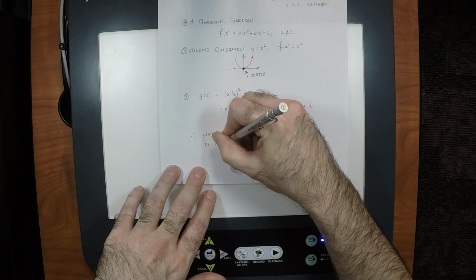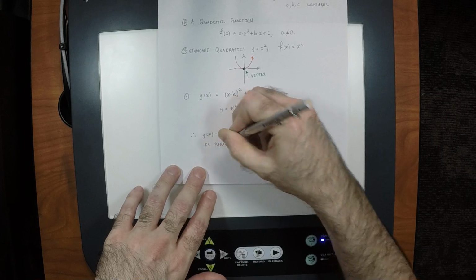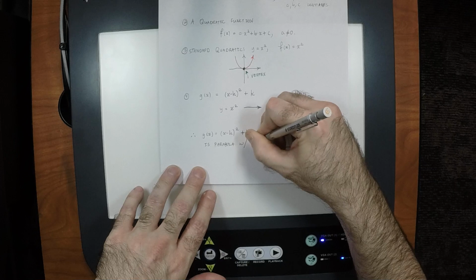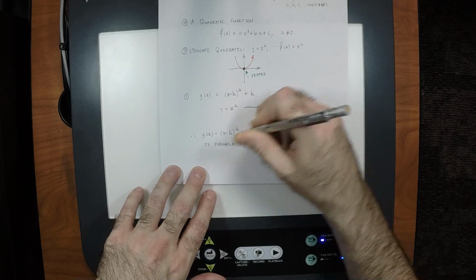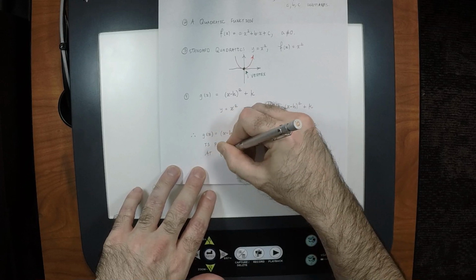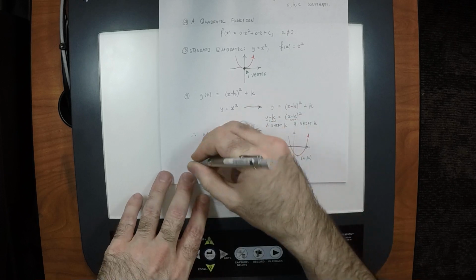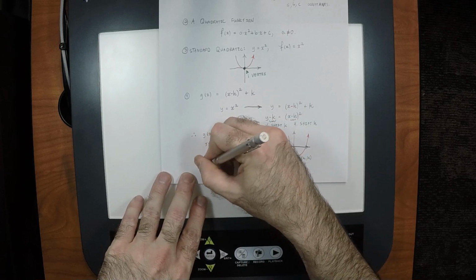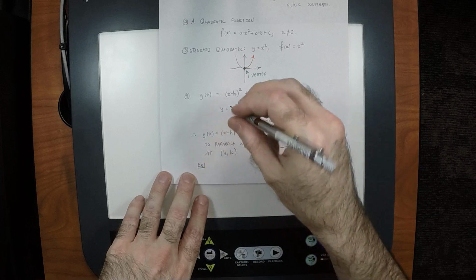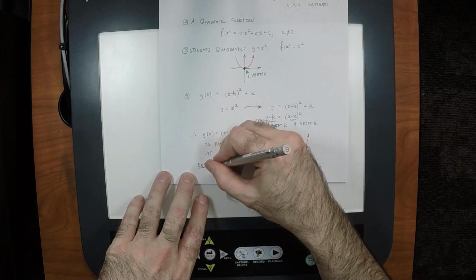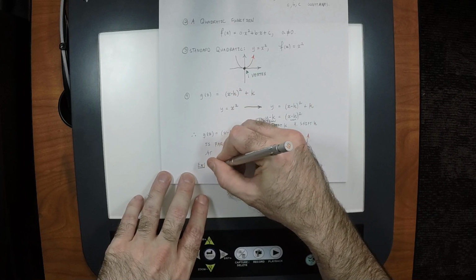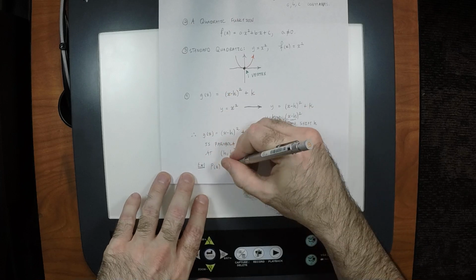So it is a parabola with vertex at h, k.